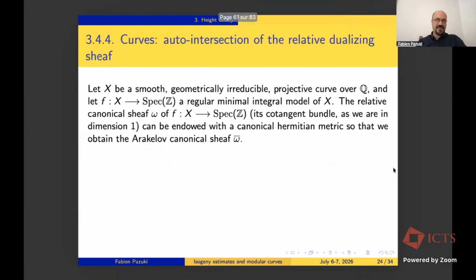So that's the idea if you do self-intersection of the relative dualizing sheaf. So what is this idea? It's a different idea. Now X is a curve, let's say over Q, geometrically irreducible, smooth, and we give ourselves a model of X. So now we are away from projective space.